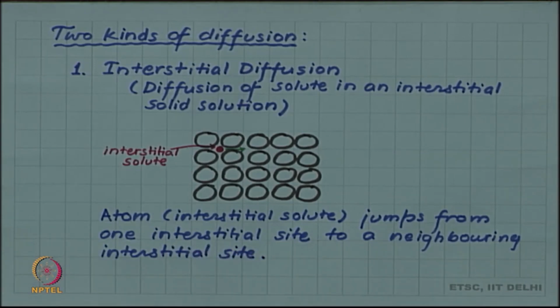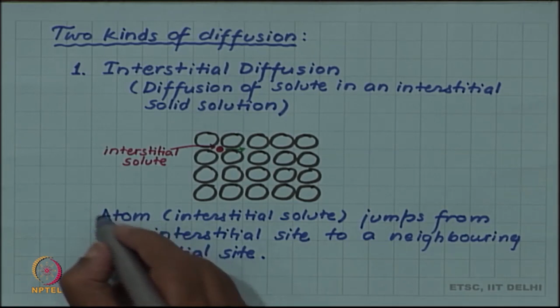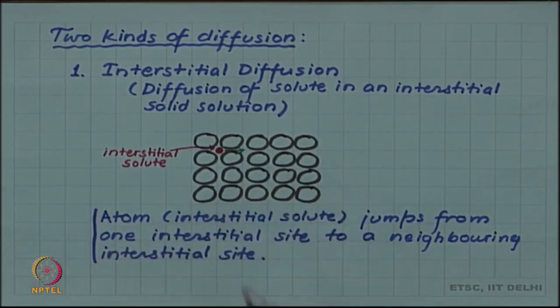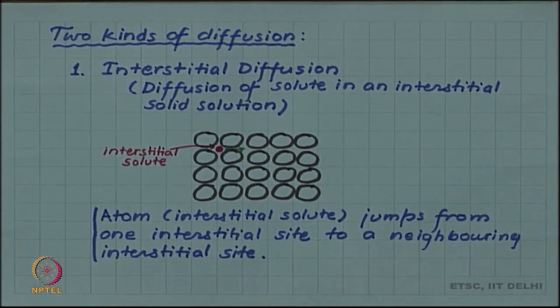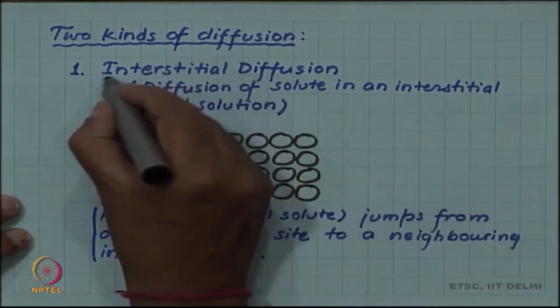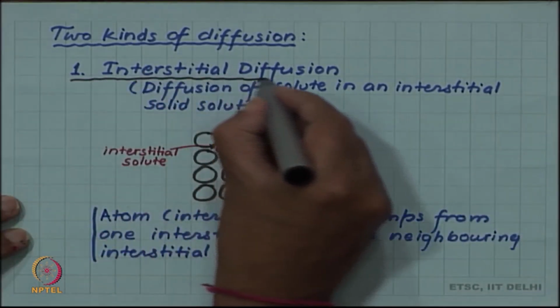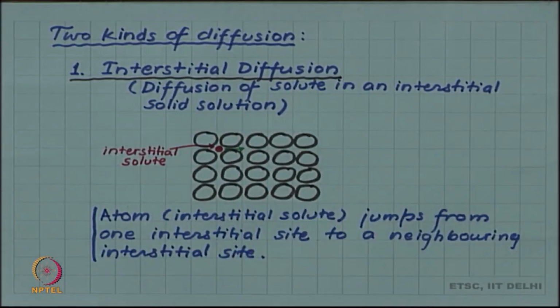So, this is a basic step. This jump shown by the arrow here is the basic unit of the diffusion, one single step, and several of such steps of several atoms in the crystal will cause the kind of diffusion which then is governed by the Fick's laws. So, this is our first kind of diffusion, interstitial diffusion.